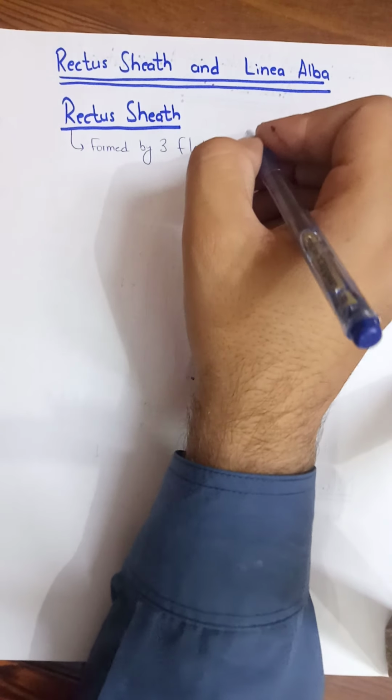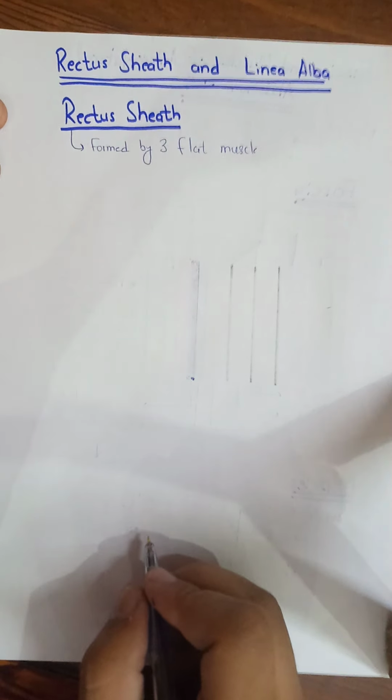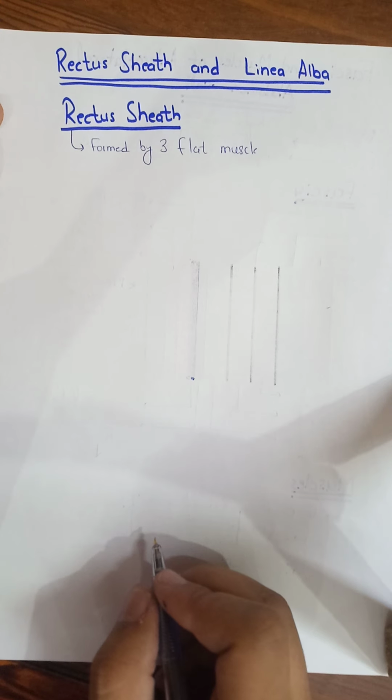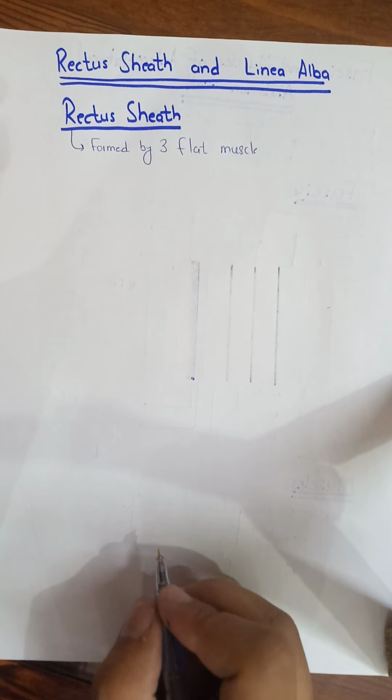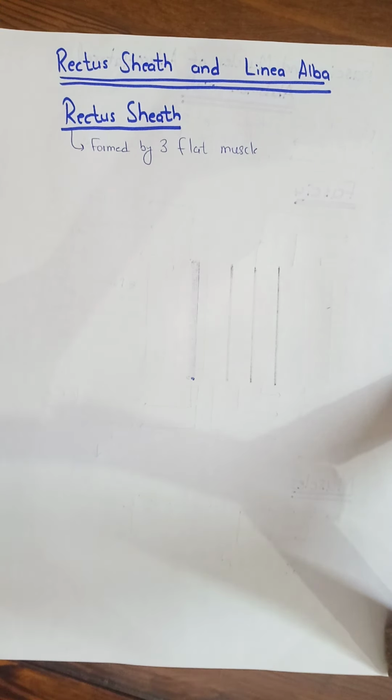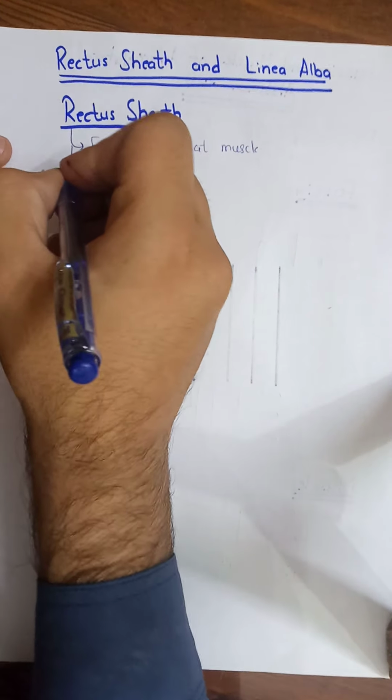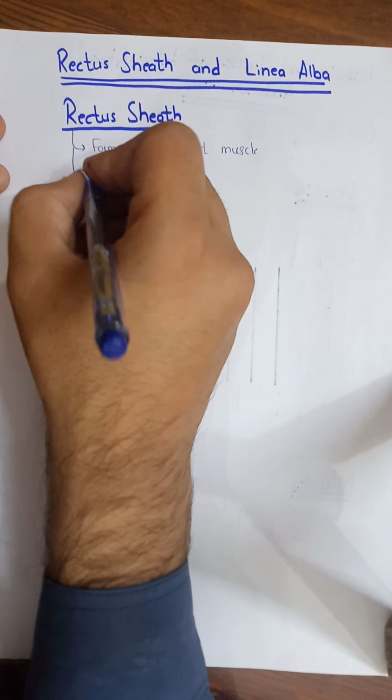Those three flat muscles were the external oblique muscle, the internal oblique muscle, and the transversus abdominis muscle. The aponeurosis of these three muscles combines on the midline of the anterior lateral abdominal wall to form this rectus sheath. And this rectus sheath will be present between the mid-clavicular lines.